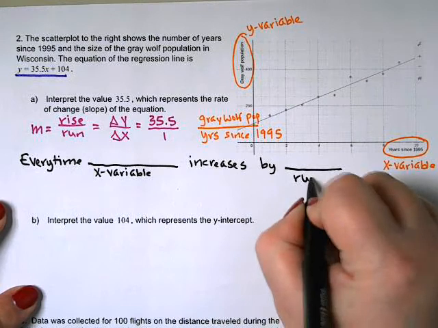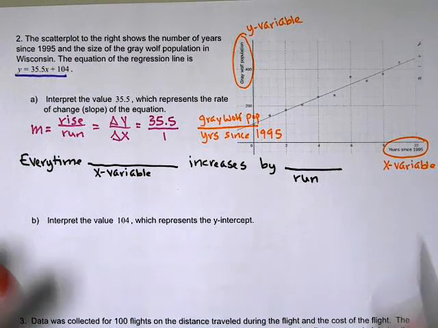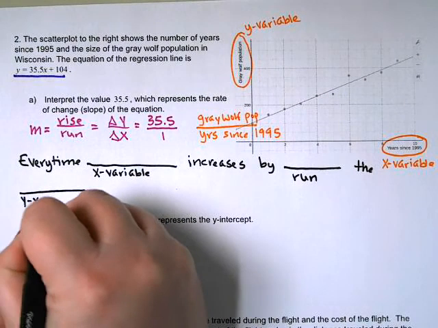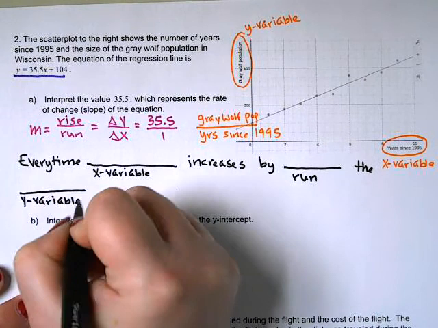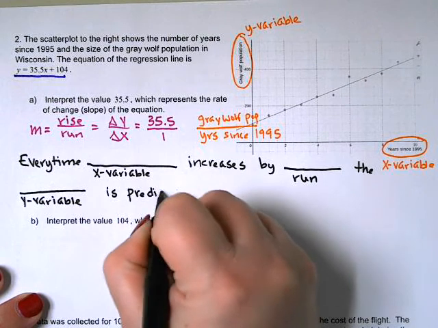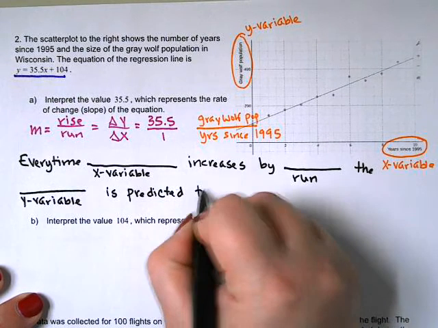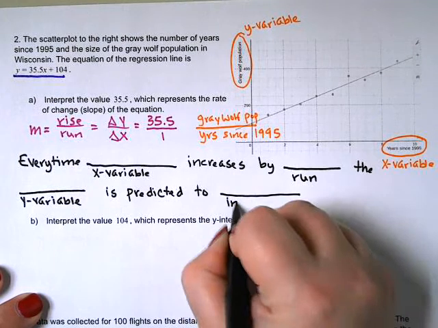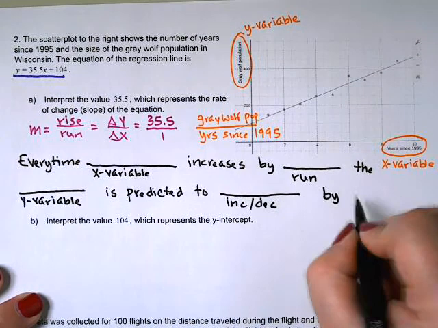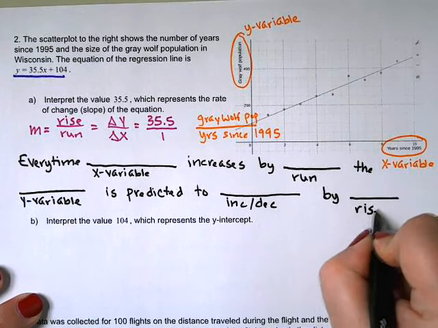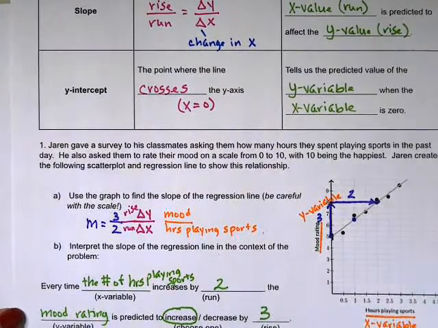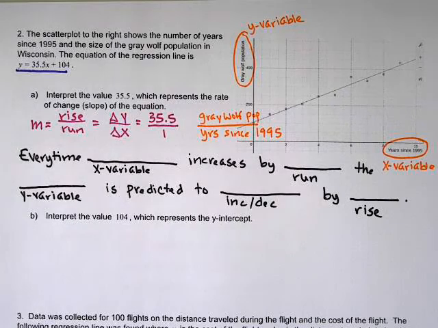So I'm looking at the page before to figure out what our sentence starter is. The y variable is predicted to either increase or decrease, we need to decide which one, by whatever the rise is. So all I did was take the exact same fill in the blank sentence that we wrote on the other page, and now we're just going to fill it in with what's going on here.